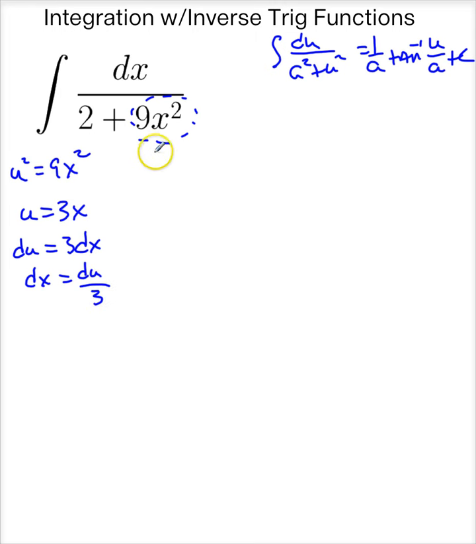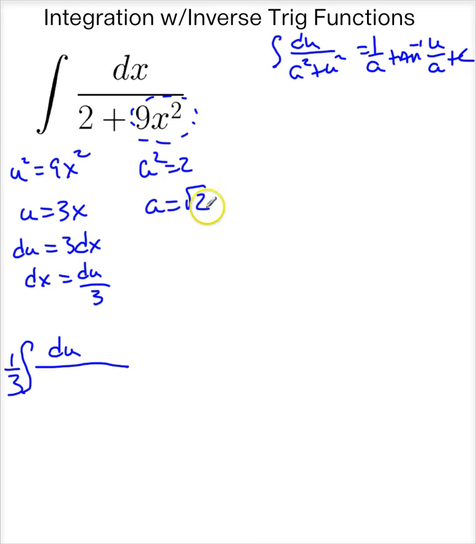Now let's find out what a squared is. A squared is 2, so a is the square root of 2. Now let me plug all of this back in to my equation. This becomes the integral. Dx is du over 3. So I'm going to pull that 3 out here.